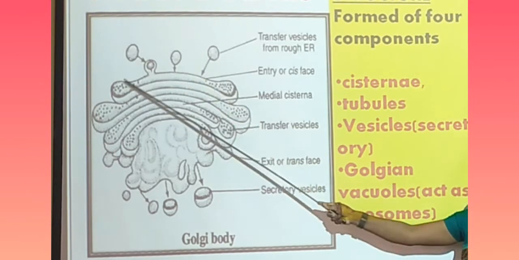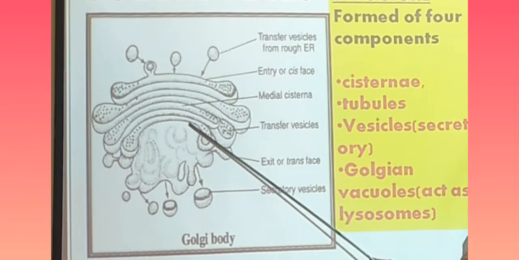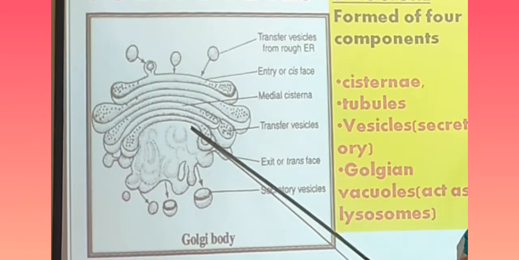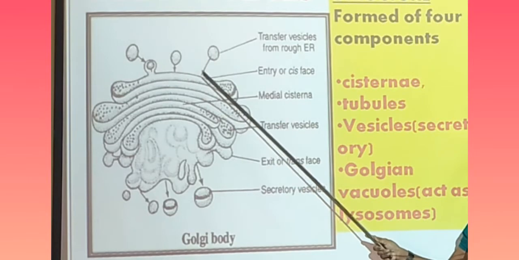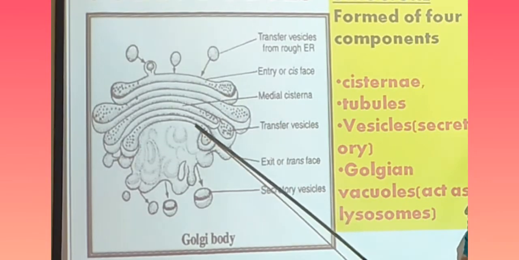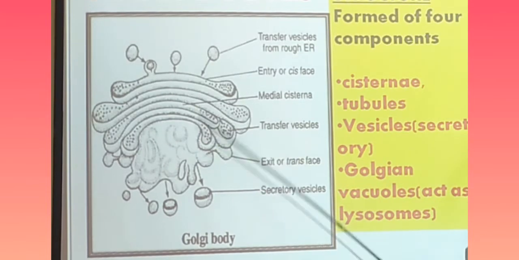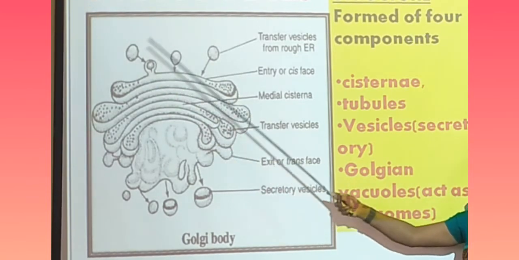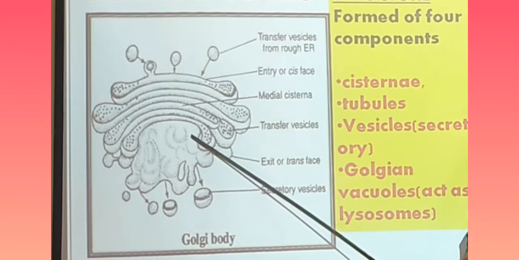This region is the convex part and this region is the concave part of the cisternae. Okay? So the entry face is the forming face, whereas the trans face or exit face is the maturing face. So the Golgi apparatus has the forming face and the maturing face.